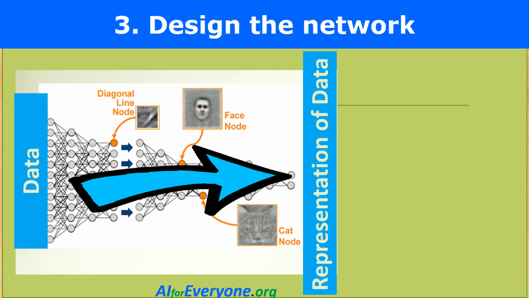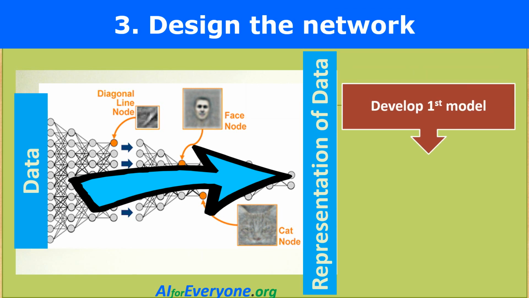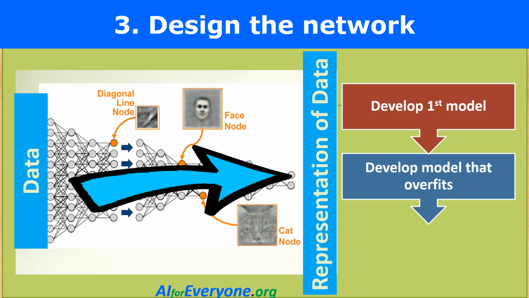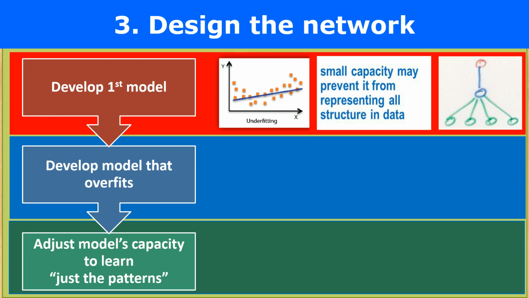Now, to do this transformation, we need to first develop the model simply with a random set of layers, and then develop another model that overfits, and then gradually iterate and adjust the model capacity so that the right set of patterns can be learned. The approach to designing the network is quite an iterative one.